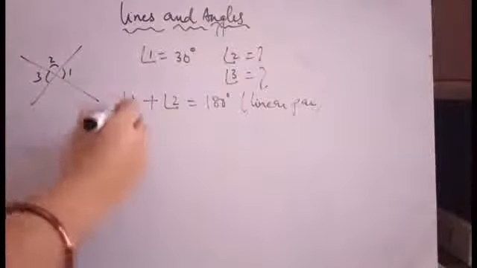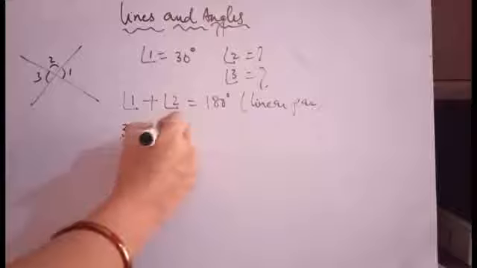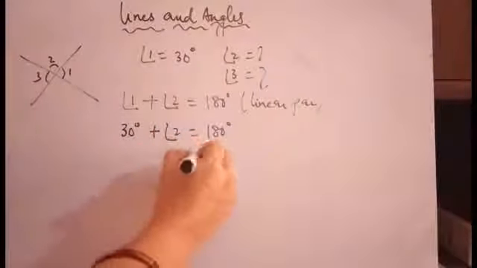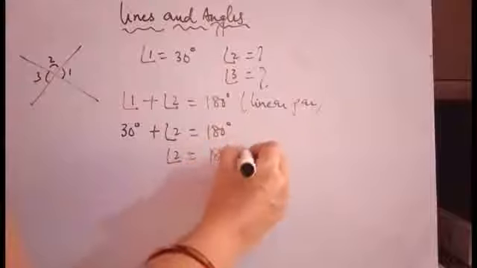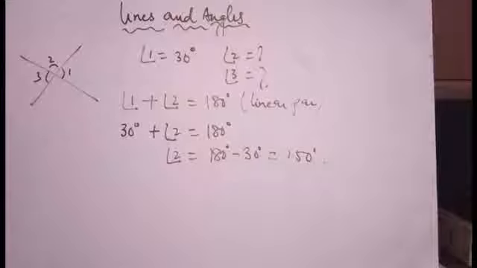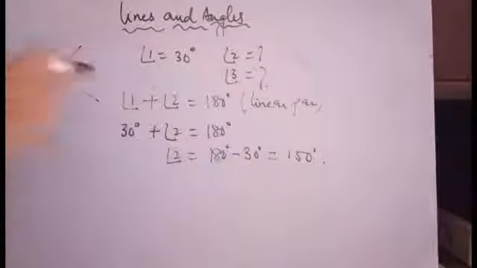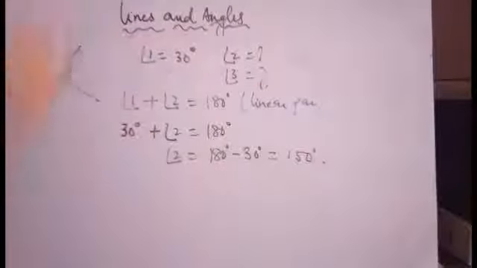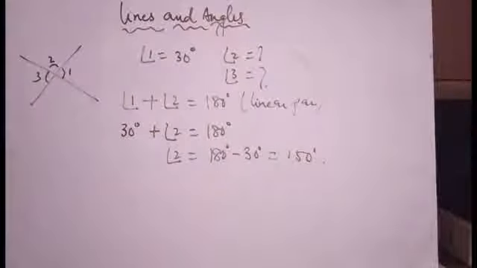Now angle 1 is 30 degrees plus angle 2 is 180 degrees. So angle 2 will be 180 minus 30, that is 150 degrees. You can see that 1 and 2 form a linear pair. They are on a line.